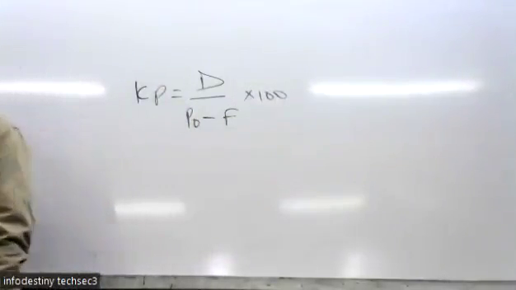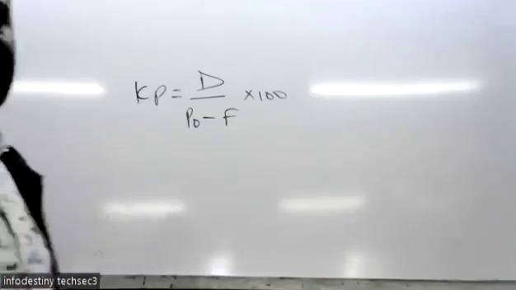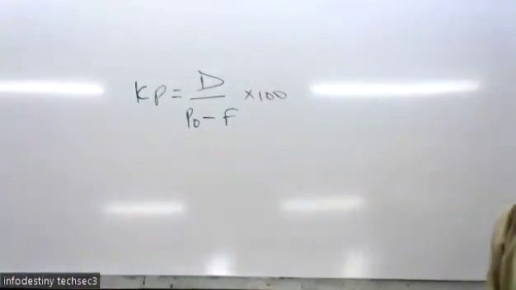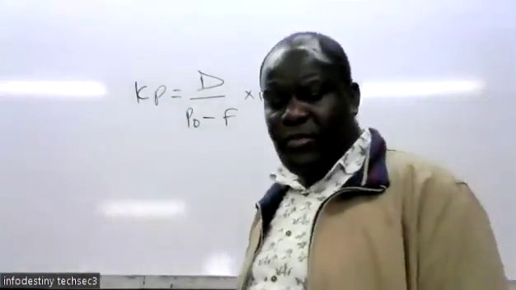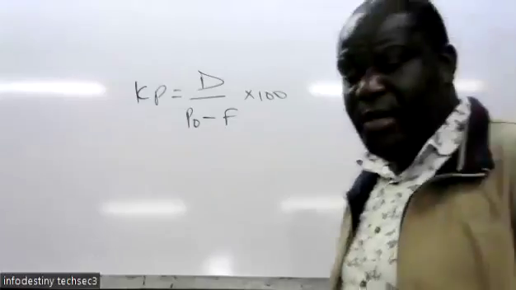D is the dividend per preference share, PO is the market price of the preference share, and F is the flotation cost. There is not much on that. When we get the question, we shall go back to it and analyze.